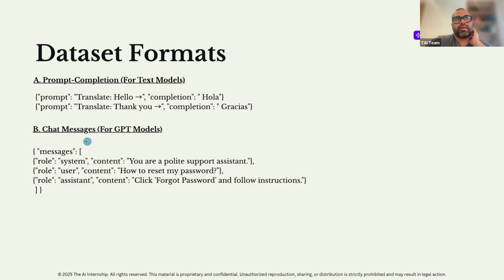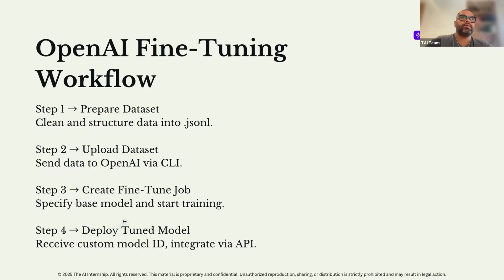If it is a chat message, you'll have a system prompt, user question, and what the assistant is supposed to send. So you'll have a dataset like that, and not just one example, but let's say thousands of examples in the JSONL format, and you need to upload that to OpenAI.